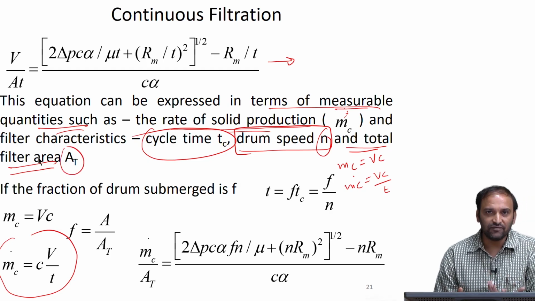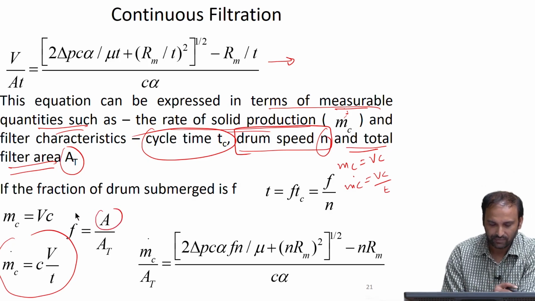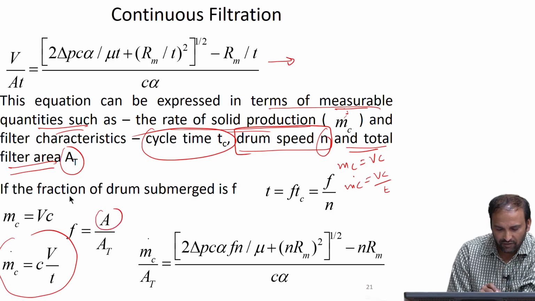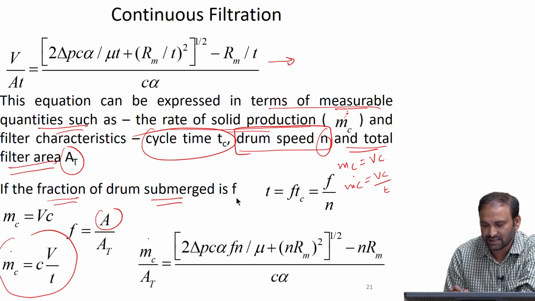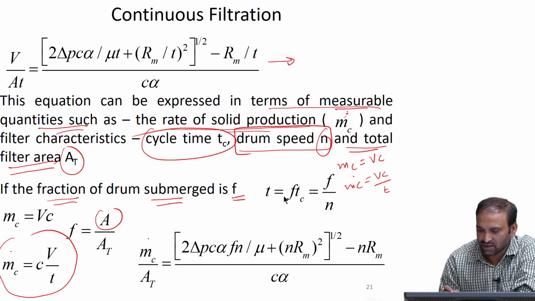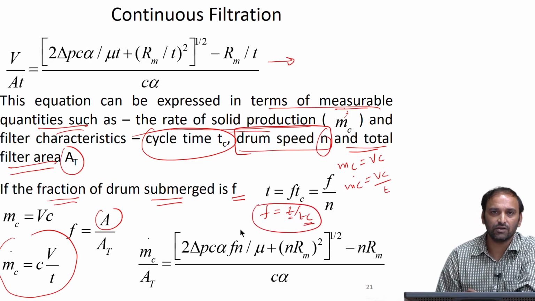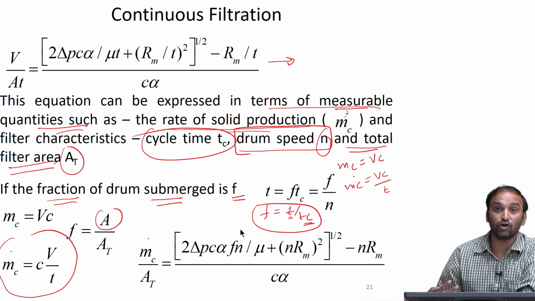However, only a part of it is available for filtration, that is A. Therefore, if the fraction of the drum submerged is f, I can relate this as t by Tc. That is the total cycle time, and that is the time for which the drum is in contact with the slurry.